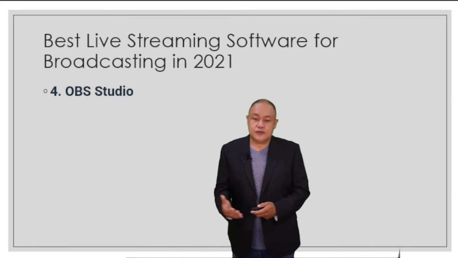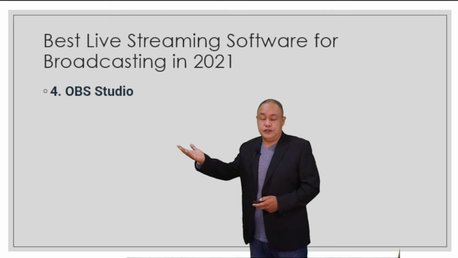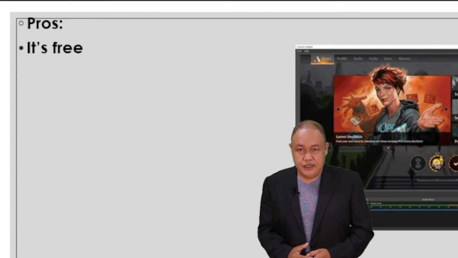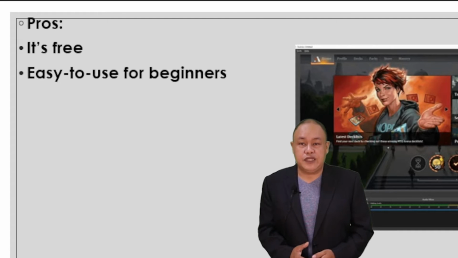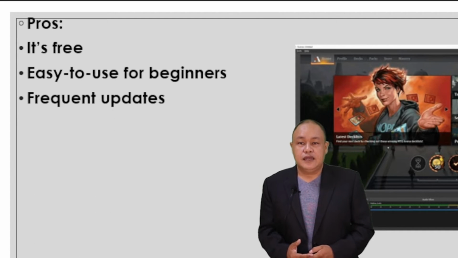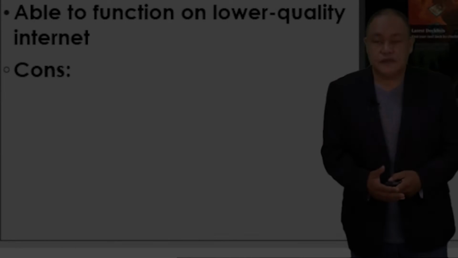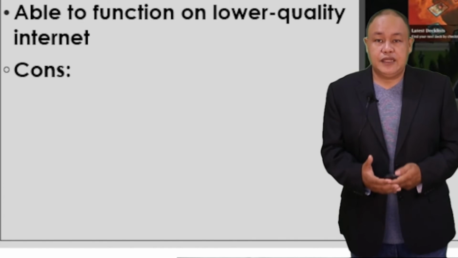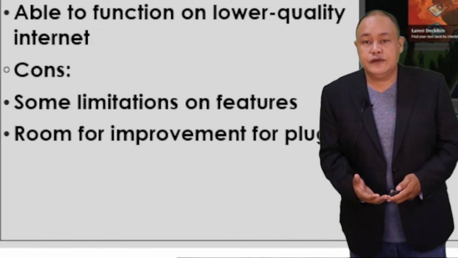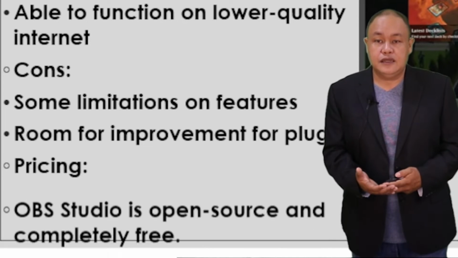And then on the 4th place, we have OBS Studio. The pros: it's free, easy to use for beginners, has frequent updates, and is able to function on lower quality internet. The cons: some limitations on features, room for improvement for plugins, and of course, it's absolutely free.